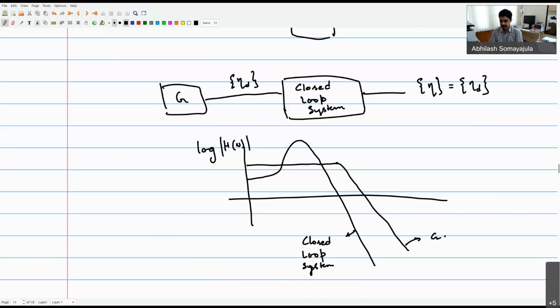At zero frequency, the guidance system is saying to give more than what the closed loop can actually give. At zero frequency, it is more or less able to track, correct? Both have good enough values, indicating that if I give a close to zero frequency trajectory, the closed loop system can track the trajectory.